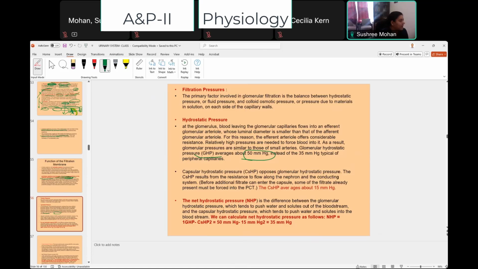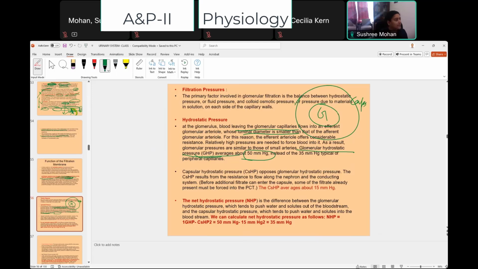Blood leaving the glomerular capillaries flows into an efferent arteriole, and we already discussed that the diameter of the efferent is smaller than that of the afferent. I showed you how the diameter changes, so the pressure changes. That pressure is called glomerular hydrostatic pressure, and it is 50 millimeters of mercury. Then, if this is the glomerulus, here's the capsule.